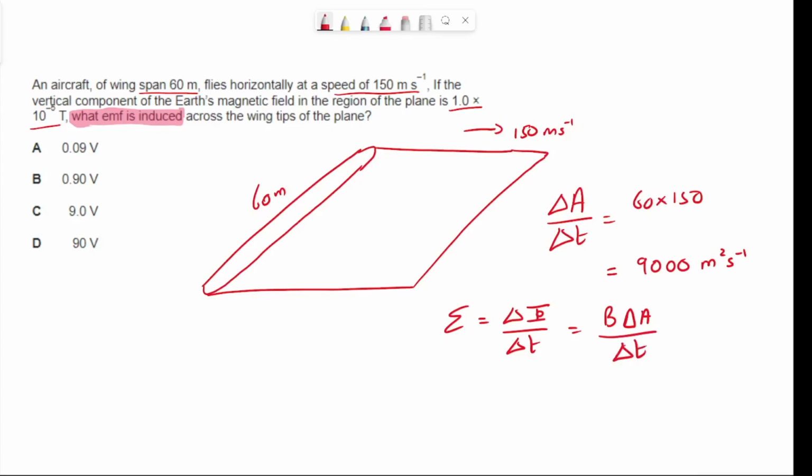Now we have already determined delta A over delta T, so our EMF will become 1.0 times 10 to the minus 5 multiplied by 9,000 meters squared per second, and I believe that the answer is going to be 0.09 volts, which is A on the screen.